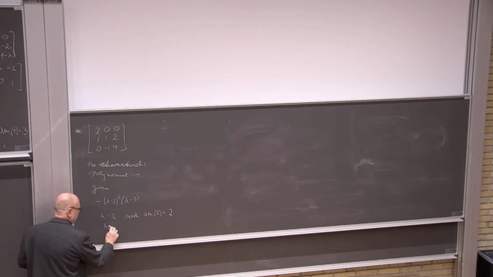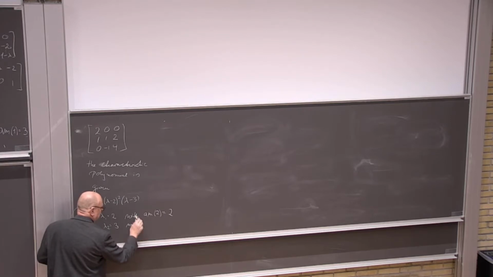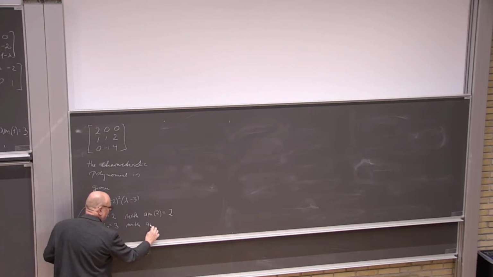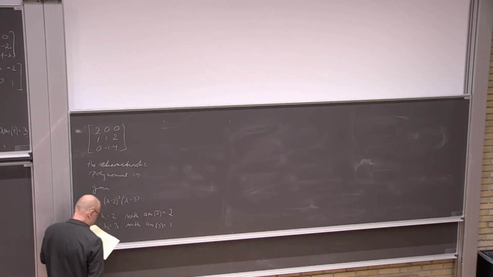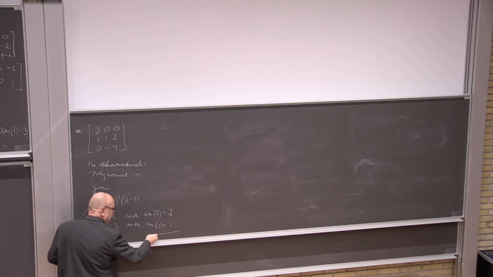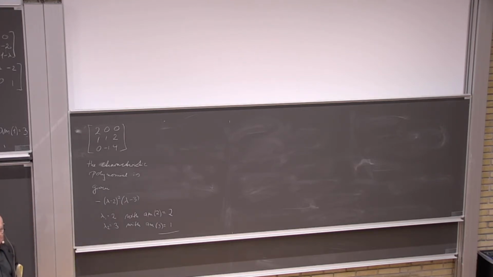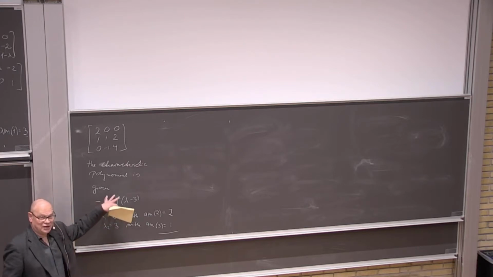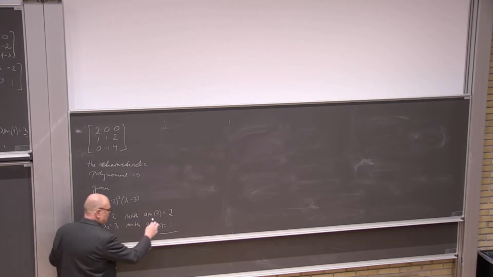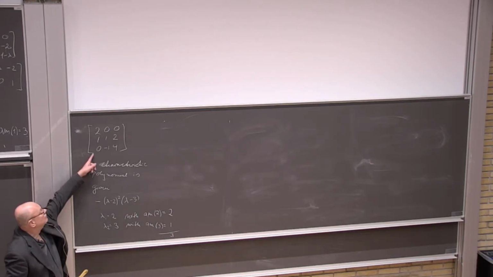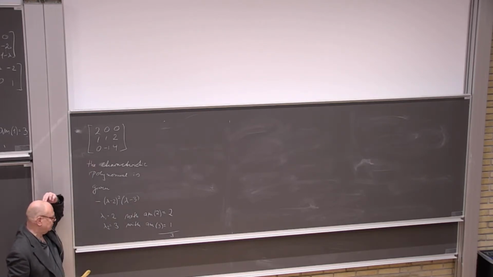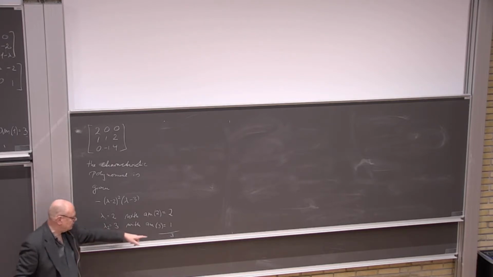And then the second eigenvalue is 3, and the algebraic multiplicity is equal to 1. You can always check your calculation: if you sum it up, it should be equal to the dimension of your matrix. It's a 3 by 3 matrix.